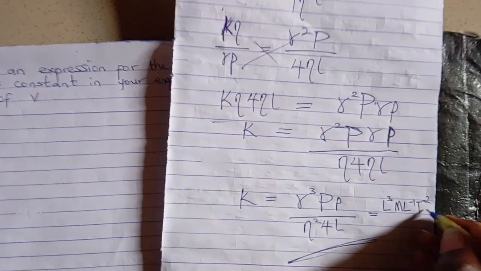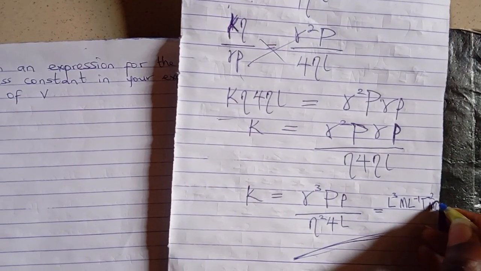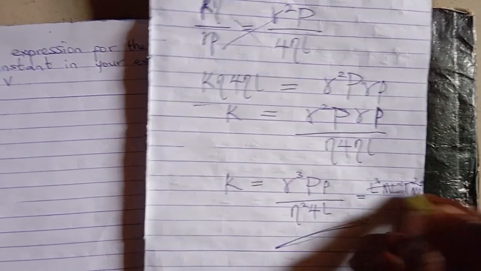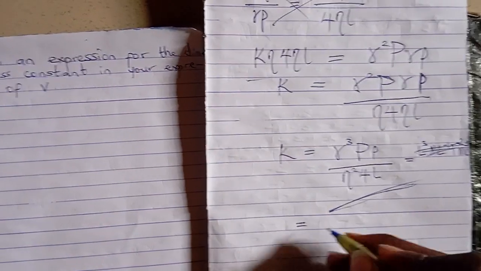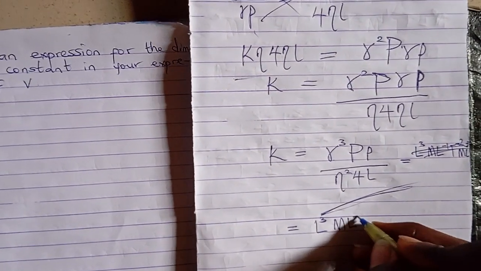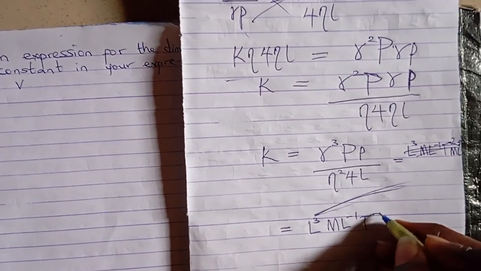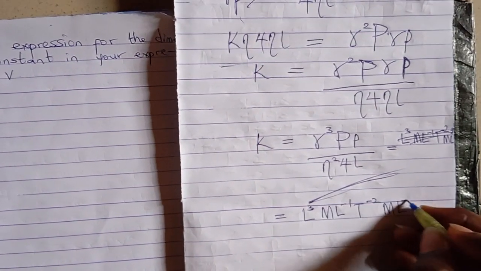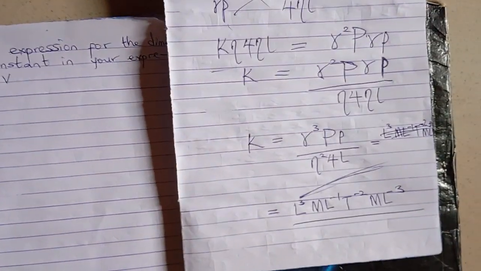Density is mass over volume, which is ML^-3. So we have L cubed, ML^-1 T^-2, density ML^-3, all over viscosity.